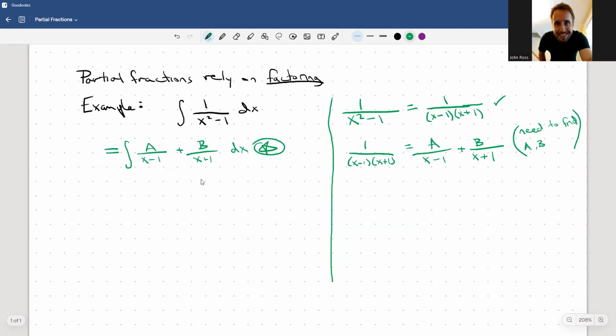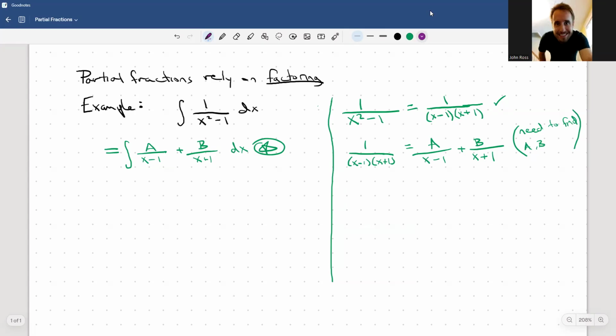And my goal for the moment is going to be to rewrite this equation by multiplying both sides of the equation by x minus 1 times x plus 1.